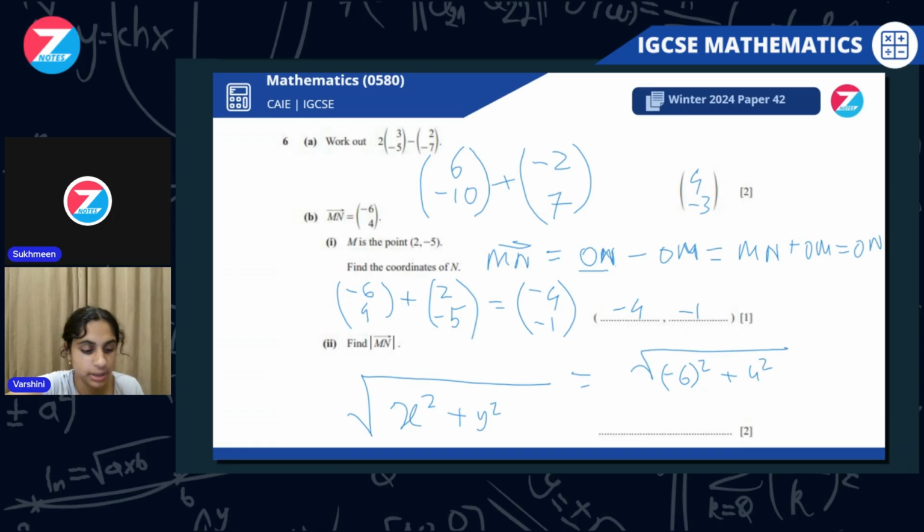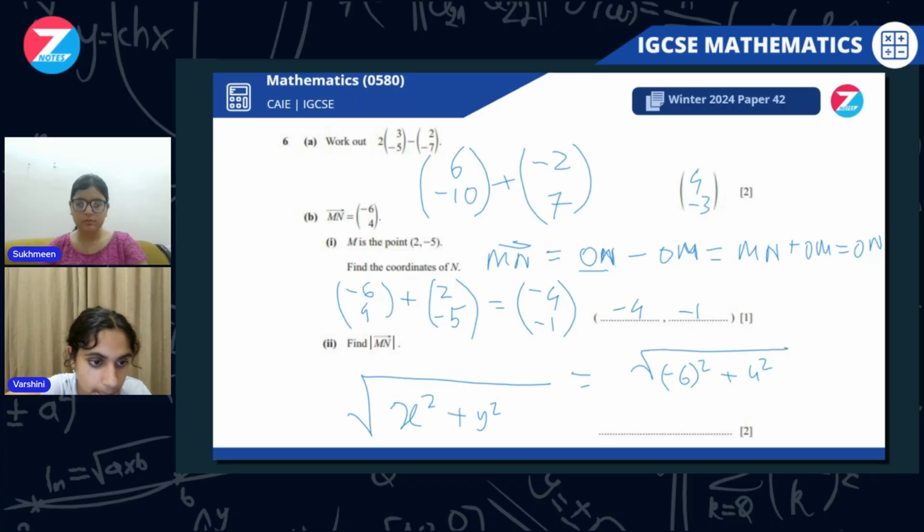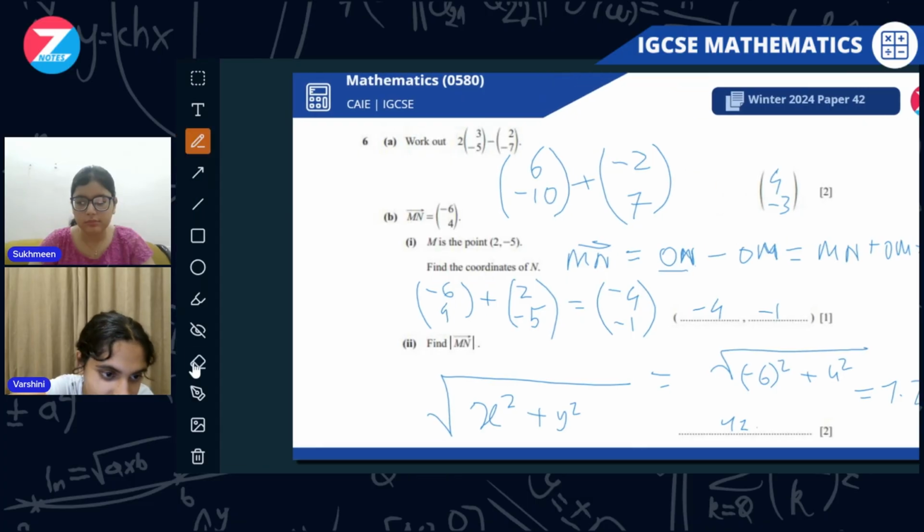If you just put that in your calculator, you're going to get 7.21, and yeah, we're just going to write this here as the answer. Sorry, my bad.